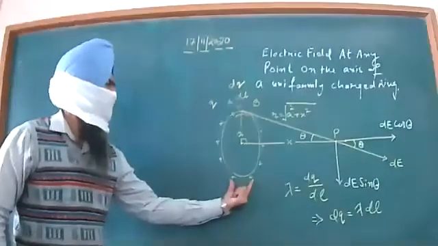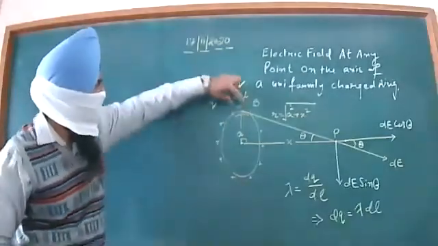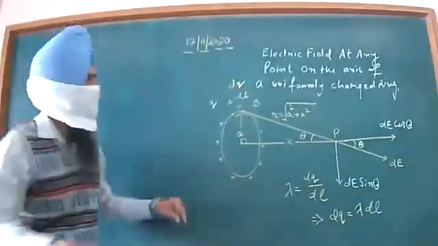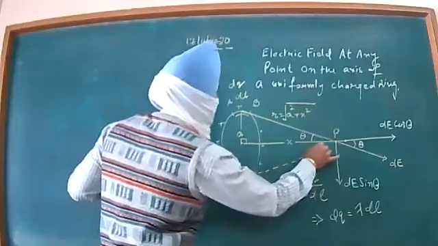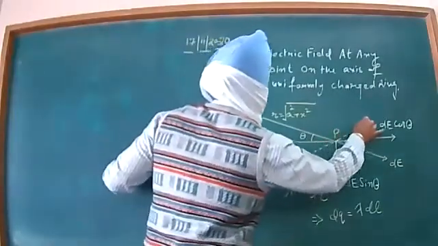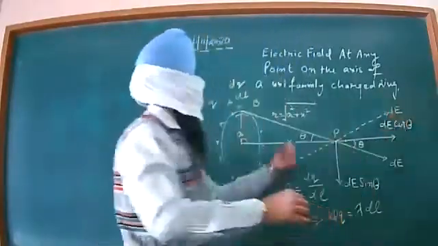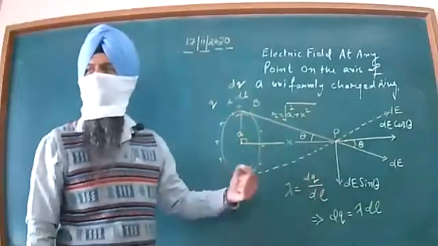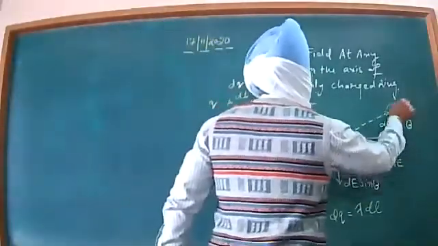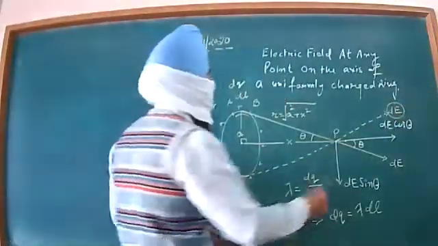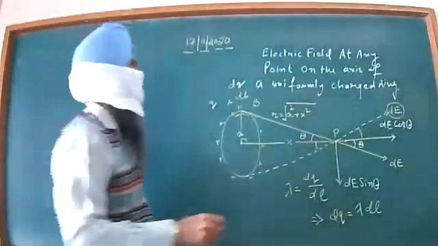An exactly diametrically opposite element can be chosen at the bottom, and this element will be exactly identical to this one, and due to this, beta, we can say that here we may have at point P this type of electric field once again, all the other particulars being the same, that is, theta is same, dl is same, dq is same, q is same, lambda is same. So it will obviously be dE, beta. Again, it can be resolved into two rectangular components, considering these angles as theta.